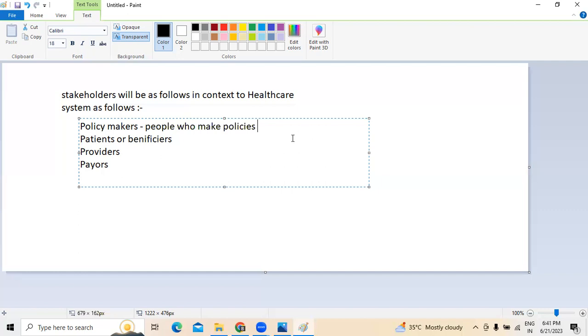Policymakers are nothing but people who make policies. It could be a healthcare ministry, the Ministry of Health or someone else, whoever is making policies, the government entities. In a simple note, the government body makes the policies.